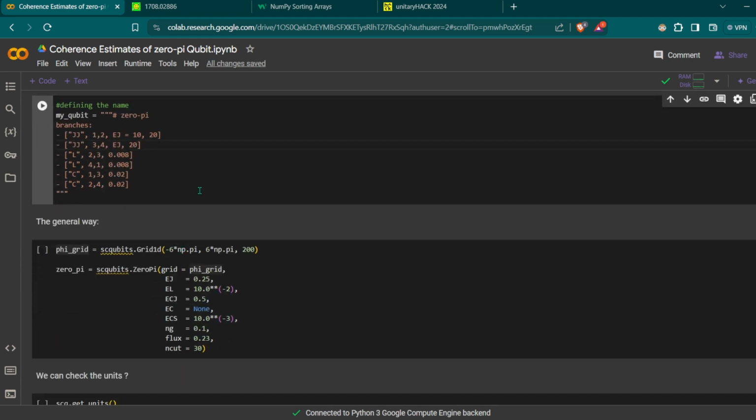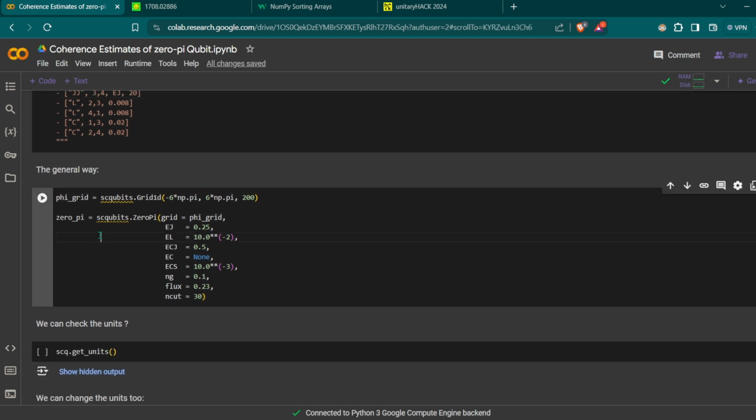If we take another type of definition for defining our zero-pi qubit, it is as such. We can directly call the attribute of the method as qubits, and we can define all the parameters as in grade terms.